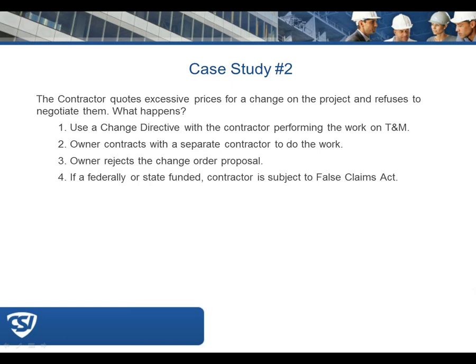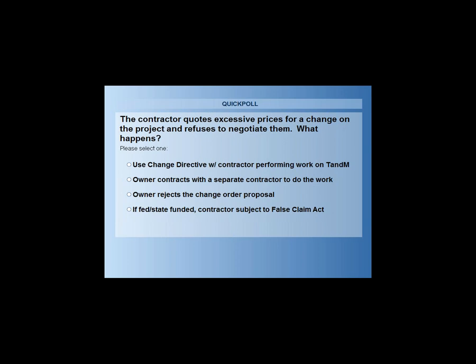And option 4, if it's a federal or possibly a state-funded project, the contractor is subject to a False Claims Act violation. So now the poll is open, and again we'll give you time to make your selection and also to submit any comments through the chat.